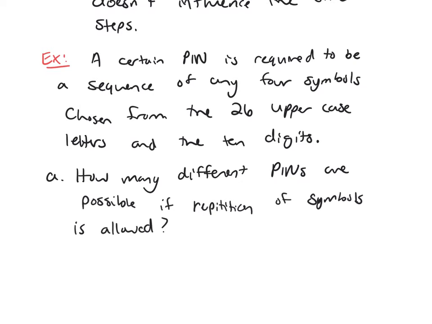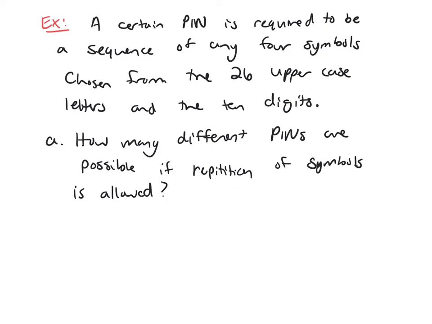Okay, so we're going to think about this as there are 4 different symbols that need to be chosen. Remember, break it down into its individual steps. How many choices do I have for the first symbol? Well, I have 36 choices. It could be the 26 letters, and there are 10 digits that it could be.